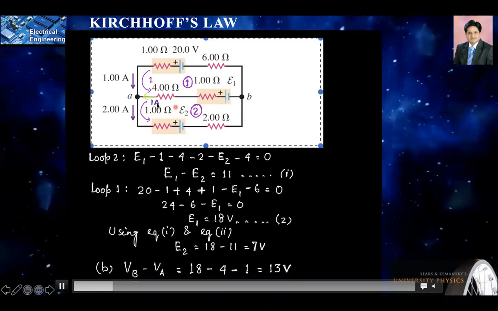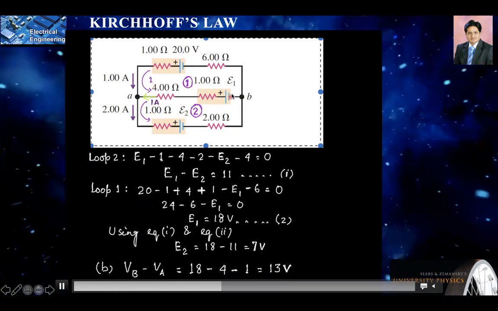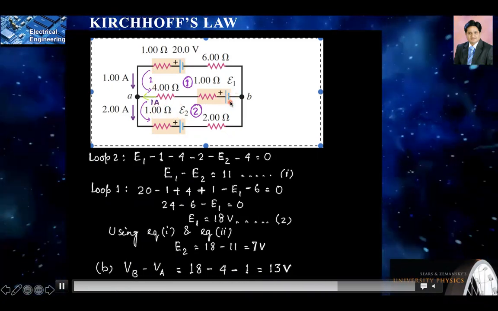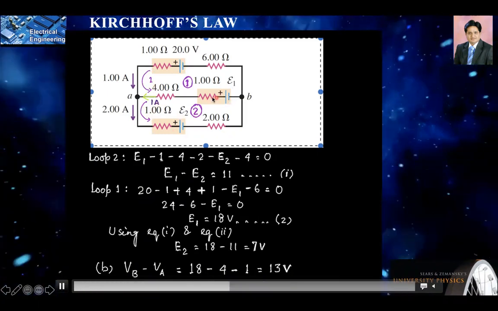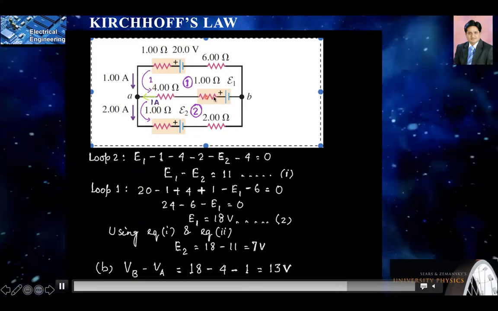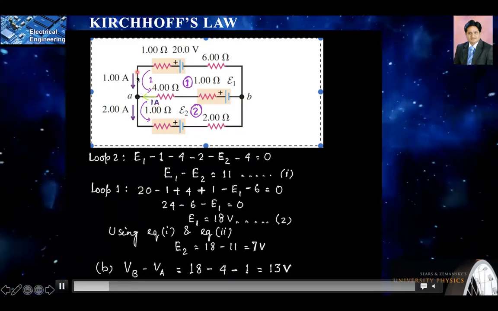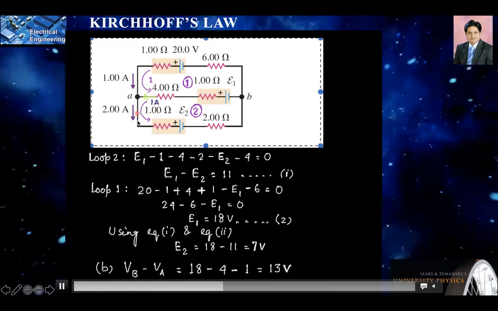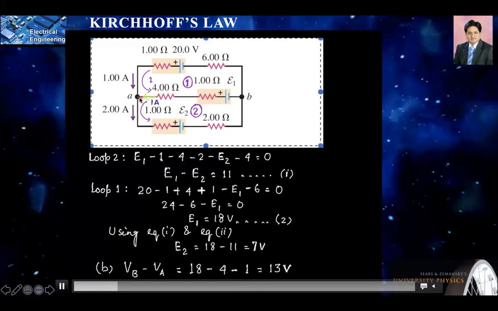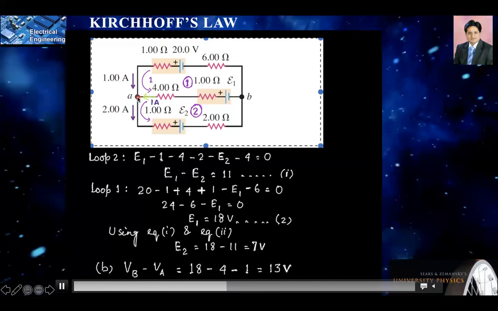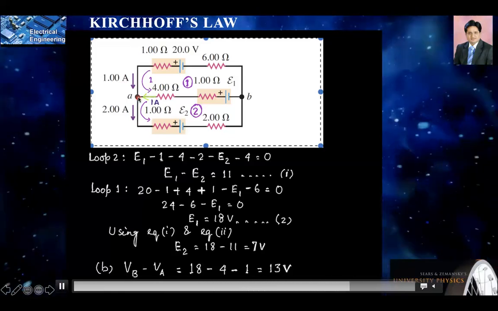Let's start first with loop 2. E1 is unknown here. How do you know 1 amp is flowing through this resistor? If 1 amp is flowing here and 2 amp is flowing here, that means 1 amp must be flowing in this direction. That is how they can combine at this junction to form 2 amps.